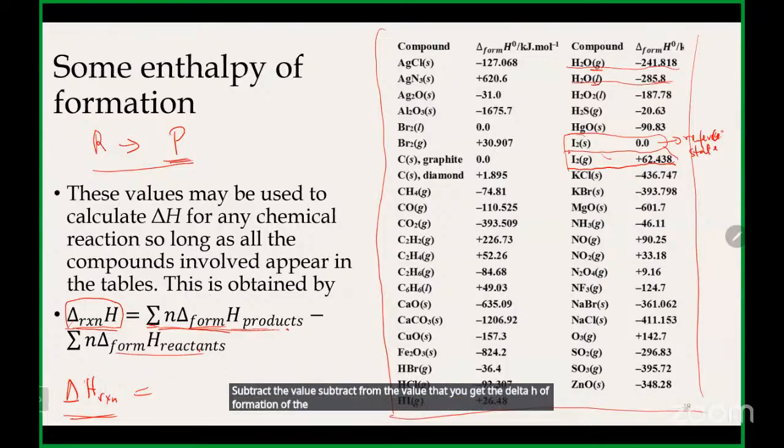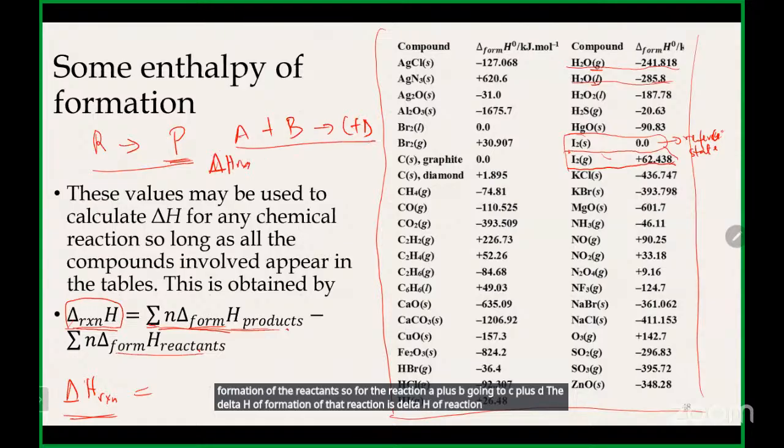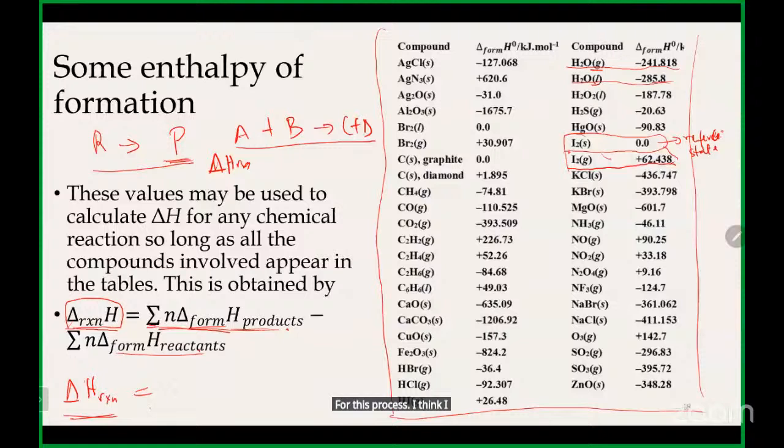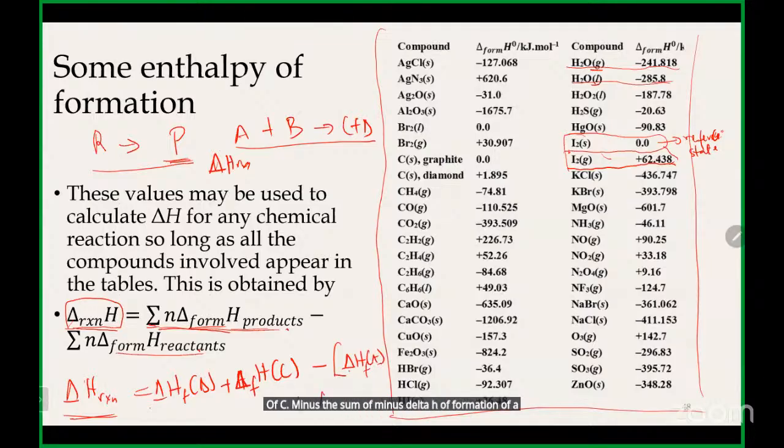So for the reaction A plus B going to C plus D, the delta H of reaction will be delta H of formation of D plus delta H of formation of C, minus the sum of delta H of formation of A plus delta H of formation of B: products minus reactants.